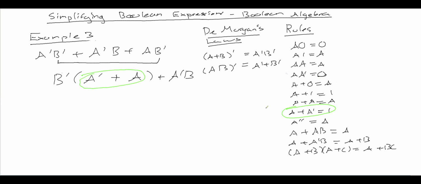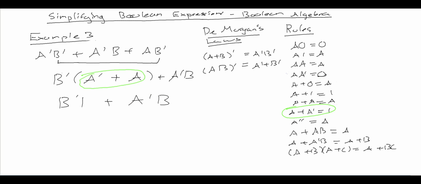So we've introduced that bracket, and that's allowed us to apply one of these rules. A or not A, and that's actually exactly the same as what we've got here. A or not A is equal to 1. So therefore we've got not B and 1, or A and not A and B.